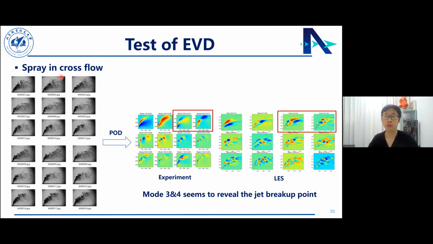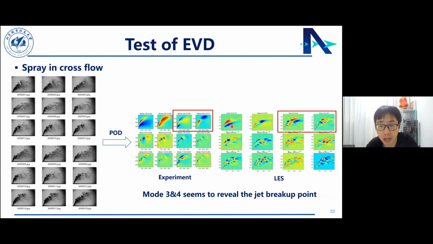Due to the low resolution of our LES result, we can roughly capture the trend from mode 1 to mode 4, the high energy modes.